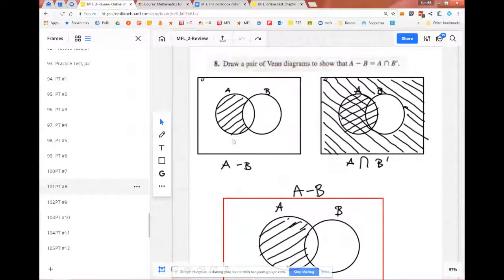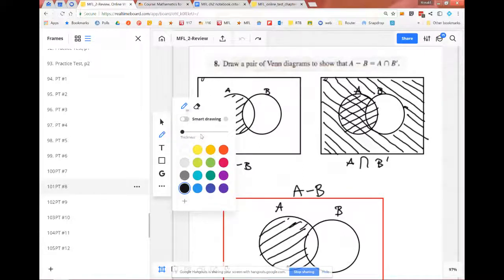Got it. This may be a really basic question, but when it says A subtract B, you're basically saying you need to fill in A, correct? So here's how you would actually do that.